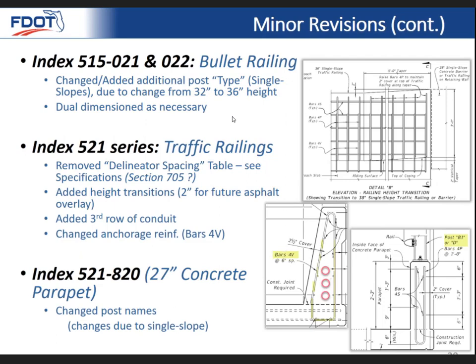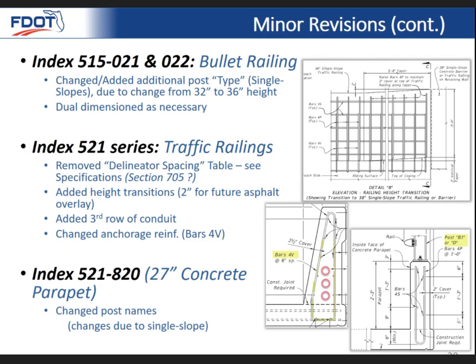We also added some type designation changes to make that clear and separate it from previous year's versions for the fabricators. We've used dual dimensions on those drawings just to keep the number of sheets down. So I invite you to take a look at those 2 indexes.